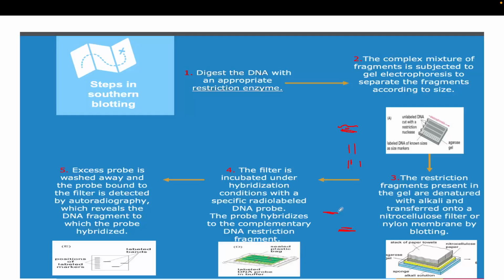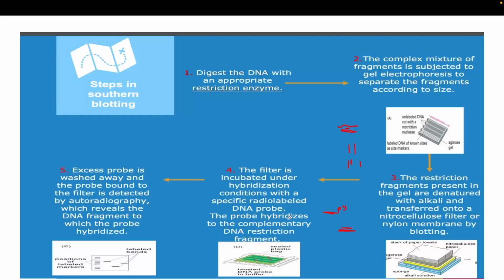Generally for Southern blotting and Northern blotting, we prefer radiolabeled probes, either gamma phosphate labeled, since it is a radioactive molecule, so we label it with the gamma phosphate.